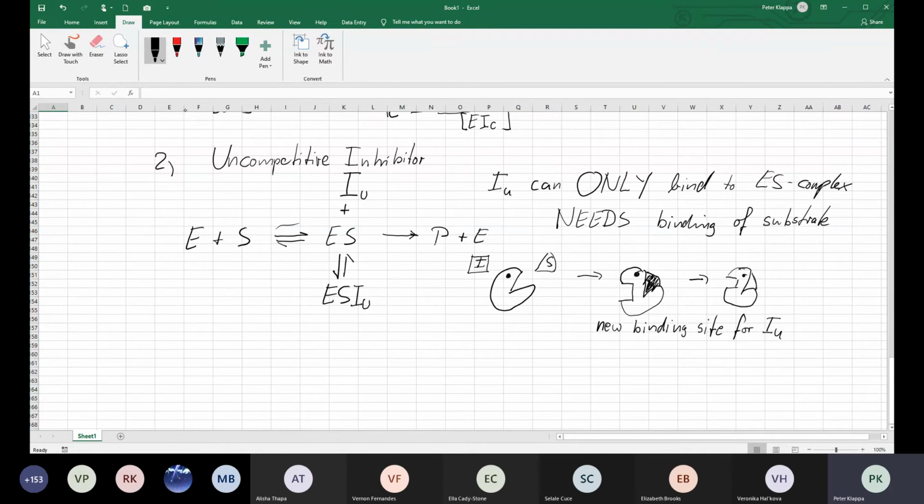Here we've got our substrate bound. Only when the substrate has bound can our inhibitor bind. So that is this enzyme substrate inhibitor complex.